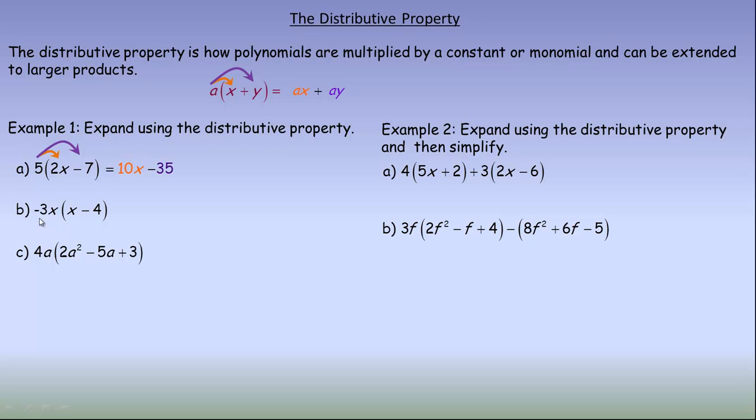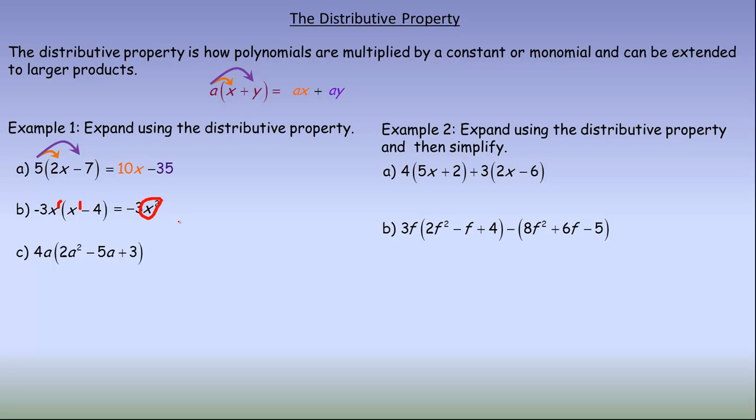In the next example, we're going to distribute the negative 3x into the two terms here. So when I multiply negative 3x by x, I get negative 3x squared. Well, why is it x squared? If you see negative 3x, there's one x here, and there's also one x here. So when I multiply an x times another x, I'm actually multiplying two x's together, and that's what x squared means.